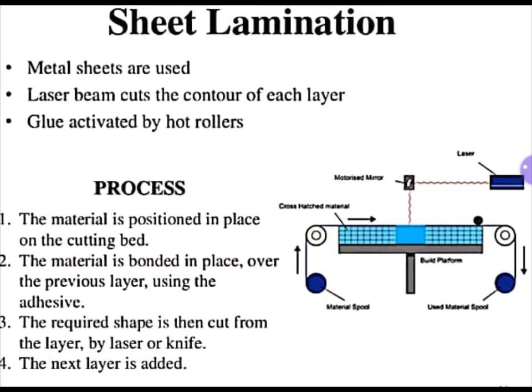And there is a cutting mechanism in order to cut the sheet material according to the required shape. And also there is a laser unit which supplies the laser to weld the material.